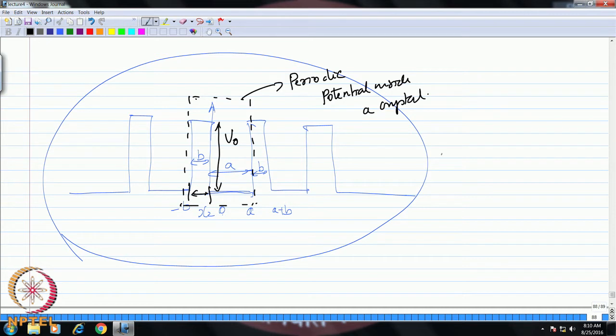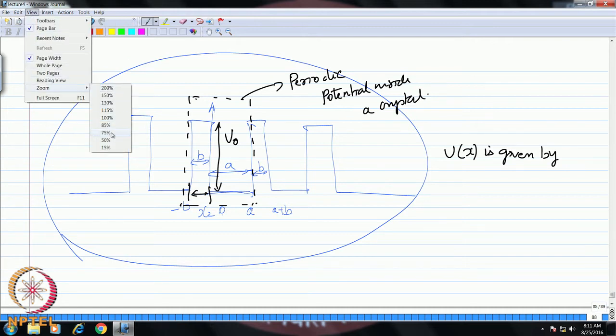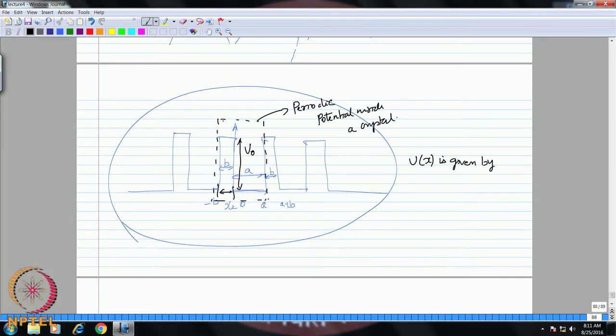So, the potential distribution u of x is given by: u of x is 0 for x greater than 0 and less than a, that is inside the well, right, and you have potential barrier constraint u naught for x greater than minus b and less than 0.